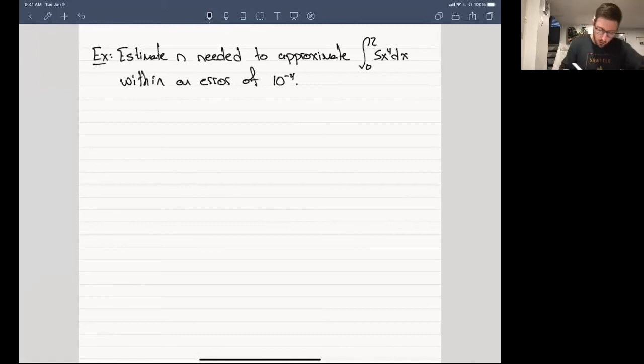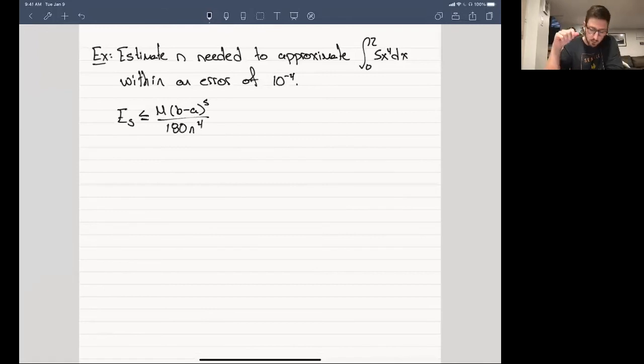Okay, so what we know is that our error is less than or equal to, so it's bounded by, again, M (b minus a) to the 5 divided by 180 n to the 4. And what we're saying is that we want that thing to be smaller than 10 to the minus 4. So if we could find n that satisfies that right there, going backwards in this inequality tells us that the error is smaller than 10 to the minus 4.